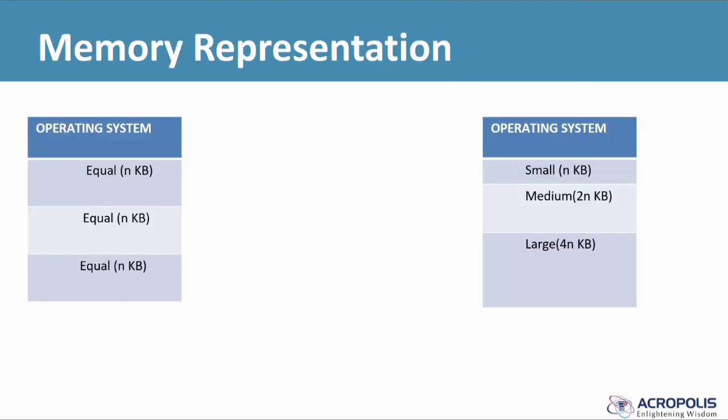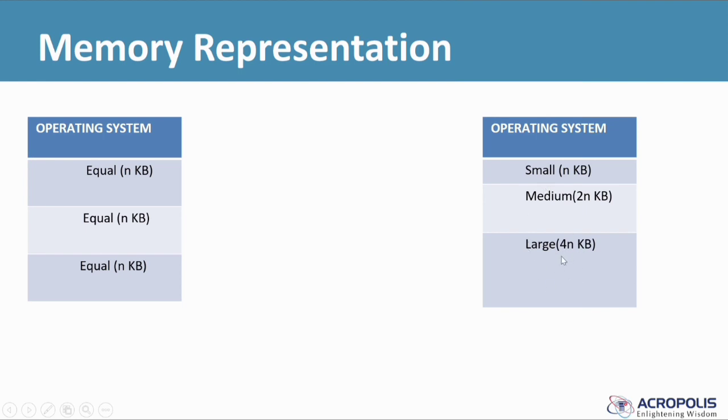So let us look at the memory representation of fixed partitioning. Here we can see that there are three partitions, but they are of different sizes: the first partition is small, the second one is of medium size, and the third one is large.